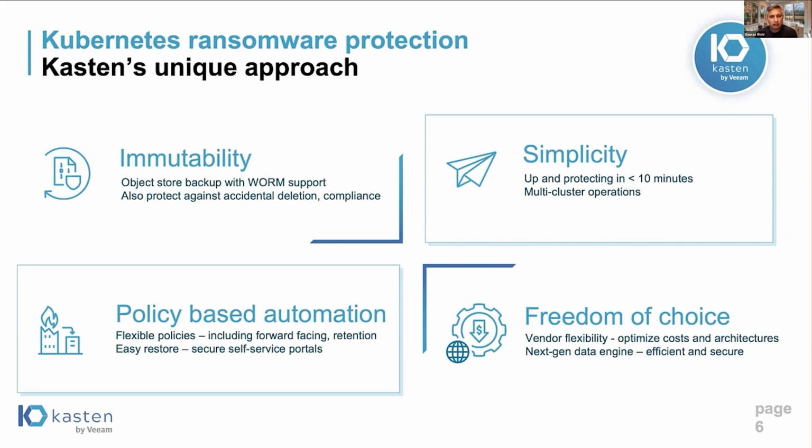So with integrations that go along with S3 from Amazon, we have been able to keep WORM support, which is write once, read many. You can set a flag which says that you want to enable immutability. And then you can also set a retention period in your policies, which says how long your application needs to stay protected.